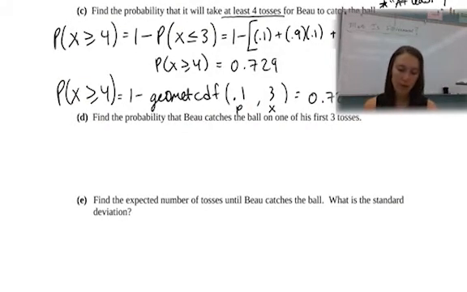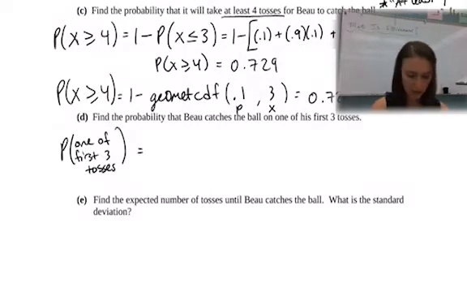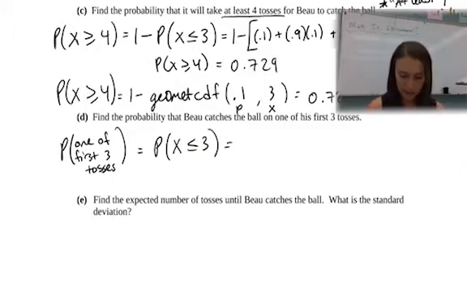Okay. Find the probability that Bo catches the ball on one of his first 3 tosses. So this is going to be the probability that x is less than or equal to 3. So we actually already saw this. This is our geometric CDF function, 0.1 and 3.